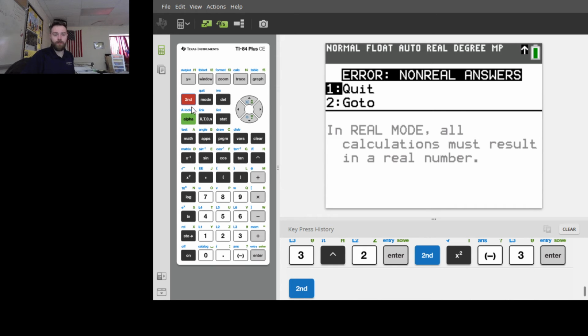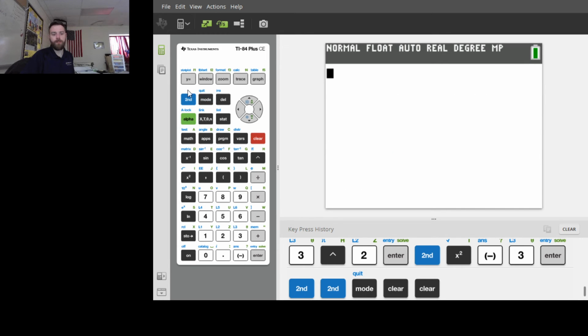Let's do a few examples of this. So let me clear all this out. If I do the square root of 4, if you're familiar with square roots, you're going to know what the square root of 4 is. A square root is just, you're asking yourself a question: what two numbers multiply together to be 4 that are the same? If you think of the factors of 4, you've got 1 and 4.